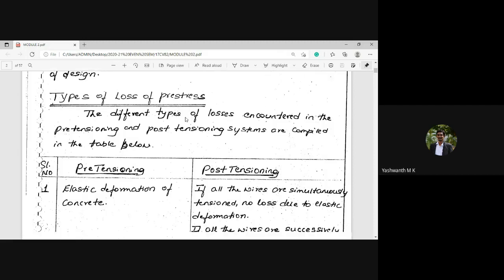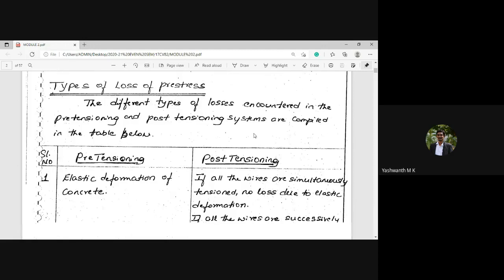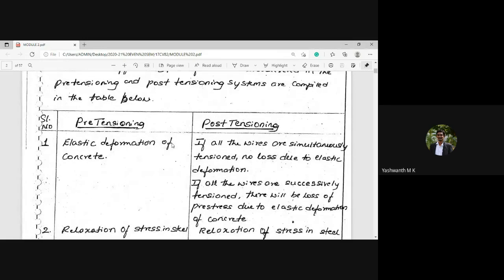Let me show the different types of losses encountered in pre-tensioning and post-tensioning systems, compiled in the table below. The very important thing we need to know here is that the losses happen in pre-stressed concrete depending upon the systems of pre-stressing.